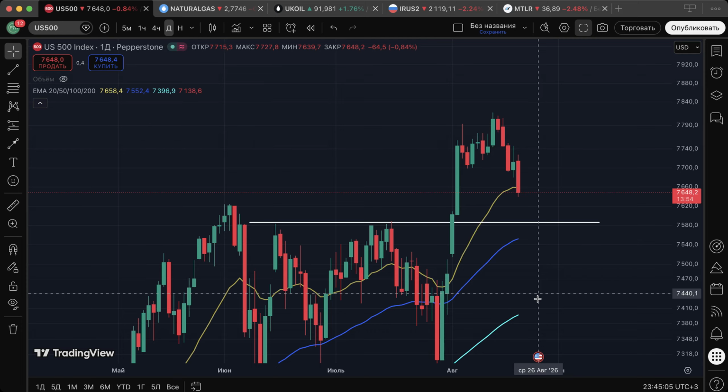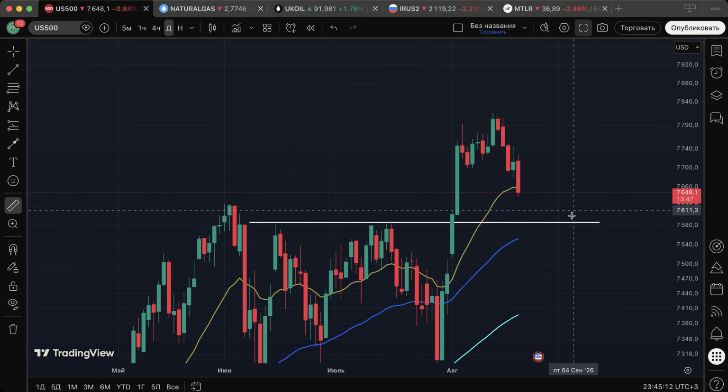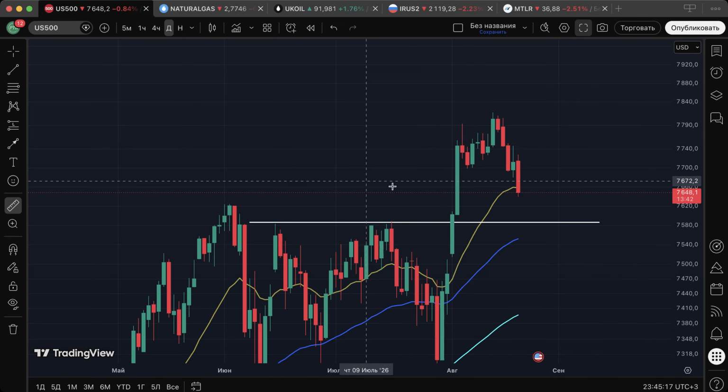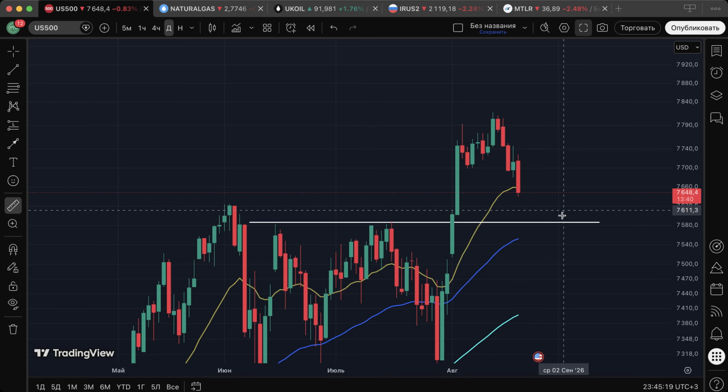But lower we have the level of the 50 MA on the day frame, and from this level, from the level 7,600 and from the level of our previous resistance, which is now a support, we can open a long position.